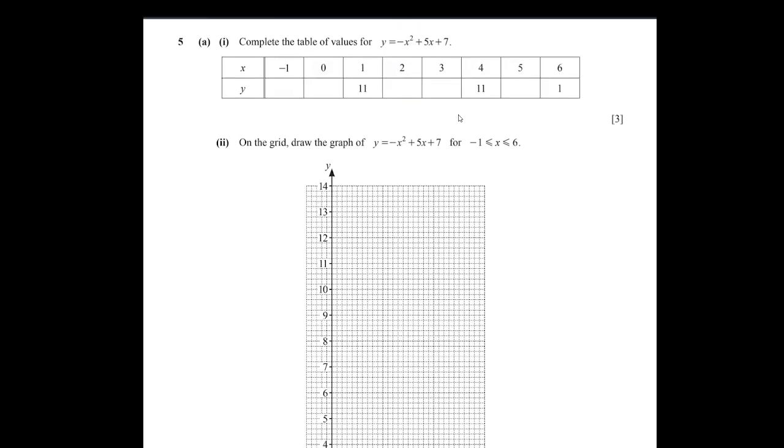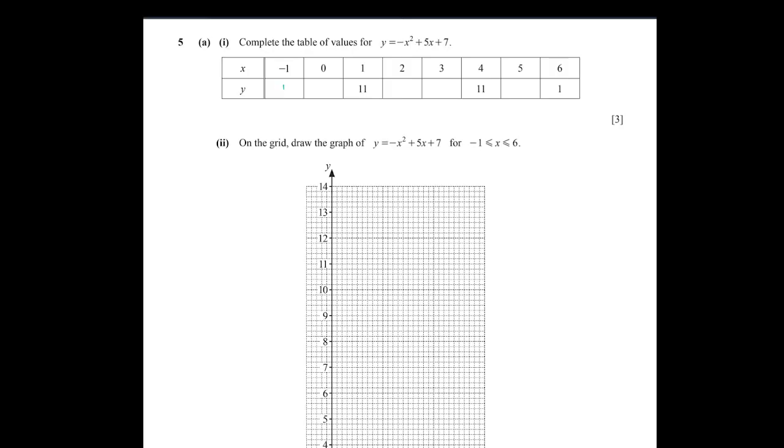And then question number 5. Complete the table of values y is equal to minus x square plus 5x plus 7. We have to find the values by putting these values in the place of x. So minus 1 is given as x. So minus 1 is put in brackets. So minus 1 whole square plus 5 into minus 1 plus 7 will be 1.